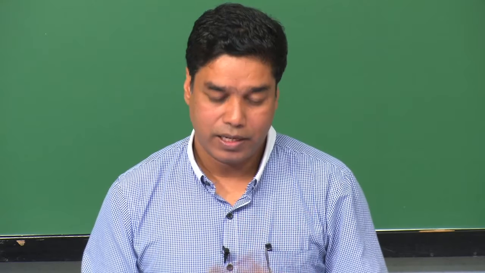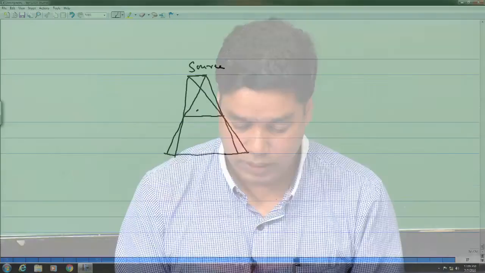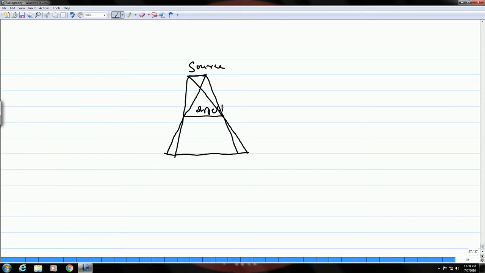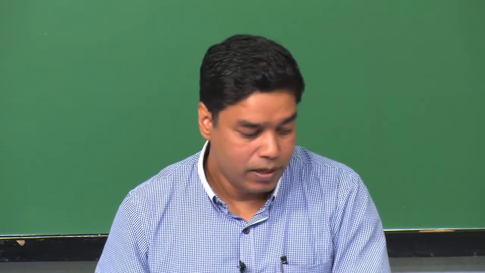In this case, if you want to magnify the image, then you have to increase the distance between the object and the film, and as you could see from here, if you increase this distance, then this unsharpness is also going to increase. Okay. So, that is why in this case there is no question of magnification.